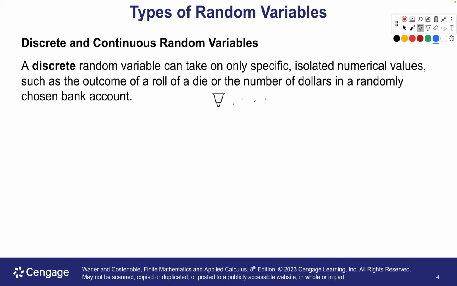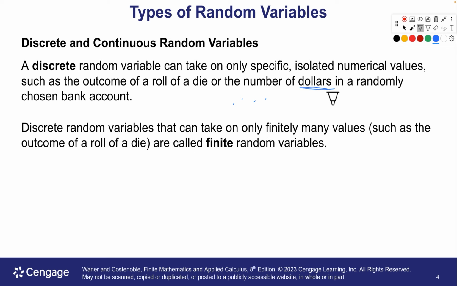Now, the discrete have 2 types. The infinite type would be such as the money in a bank account, because there's no limit on how many dollars you could have. I mean, actually there is. Nobody has an infinite number of dollars, but we don't have something set as the top limit.